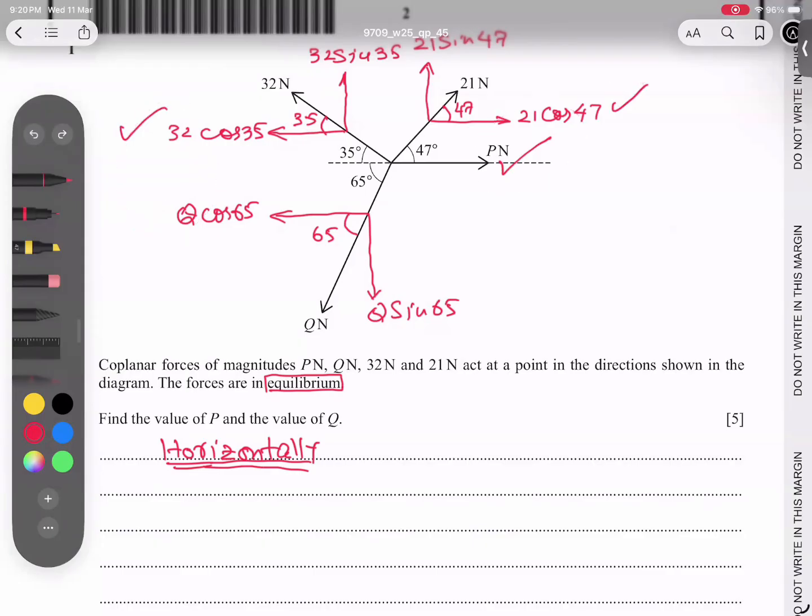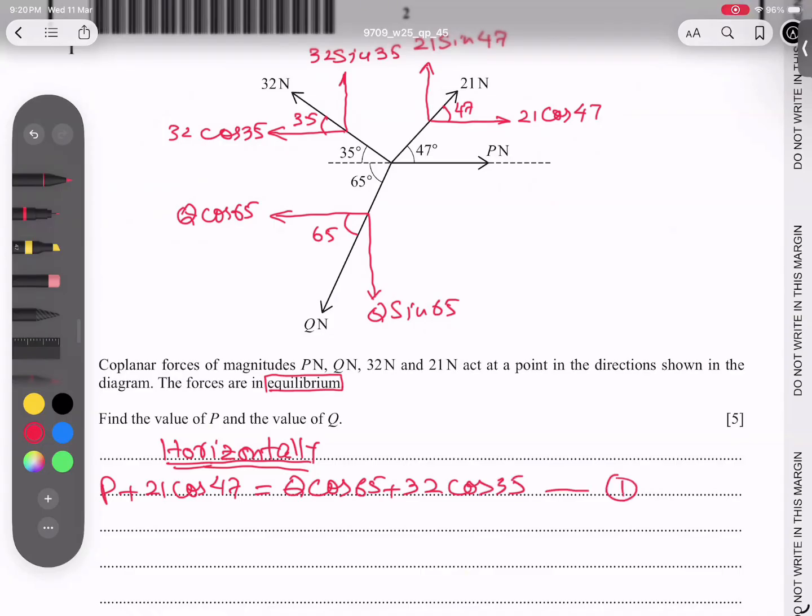I'm writing here P plus 21 cos 47 equals the leftward forces, so Q cos 65 plus 32 cos 35. Angles 35, 65, and 47. So I get one equation from here.